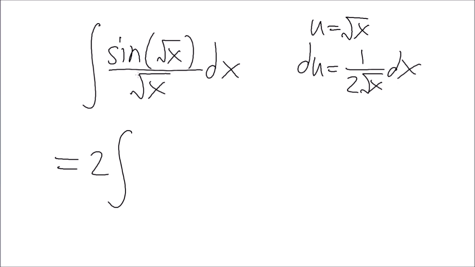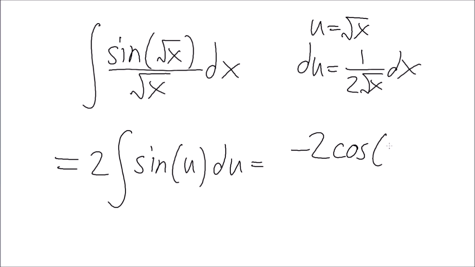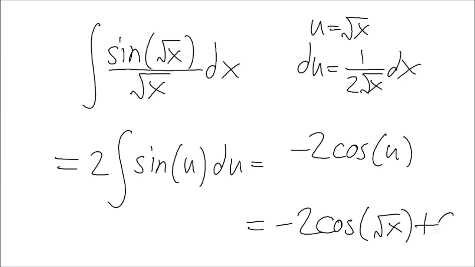So be very careful with that. Now that square root of x cancels out with this. So we have sine of u du. This is negative 2 cosine of u, which gives us negative 2 cosine of square root of x plus c.